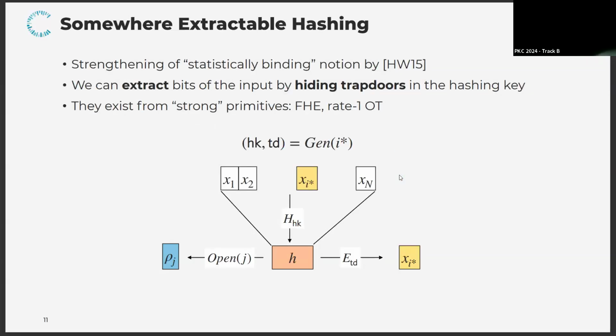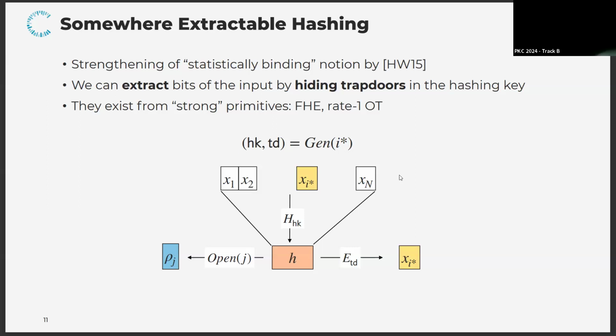First of all, what's extractable hashing? We want to hash a string of n bits where we can extract a chosen bit, a chosen position. So we fix i star. There is the setup algorithm that generates a hashing key and trapdoor.